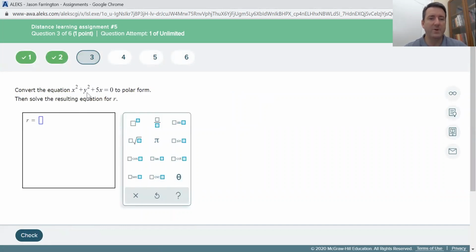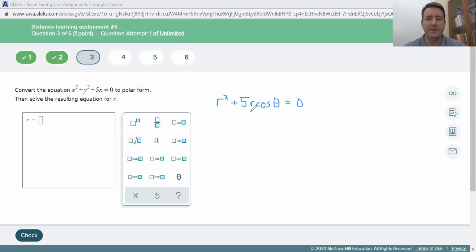Here again, we've got an x squared plus y squared. So we're going to remember that x squared plus y squared is just equal to r squared. So let's replace that with r squared. So we have r squared plus, now with this x, we're going to have to replace that with r cosine theta. So we get 5 times r cosine of theta is equal to 0.